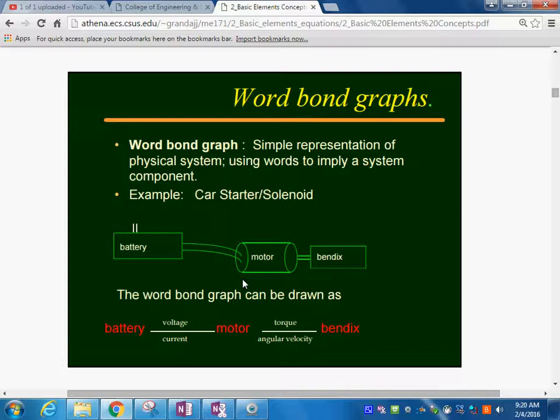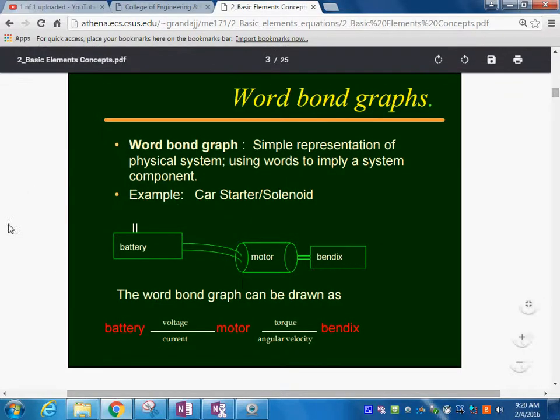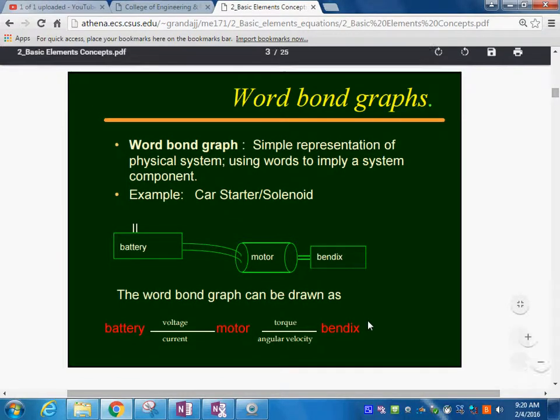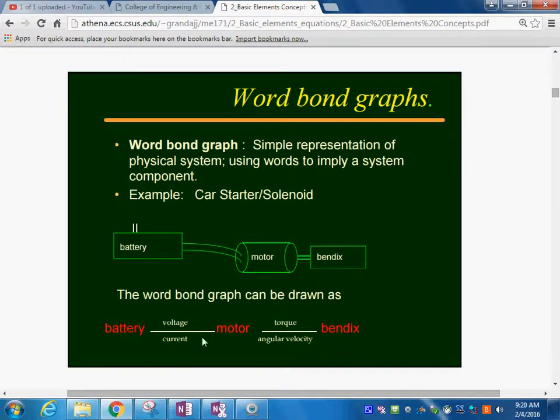If we put the words, like you see on the red forms in here, those words would indicate the element that we're talking about. And how does the battery communicate with the motor? It communicates through those two power variables, one called voltage, the other one called current.